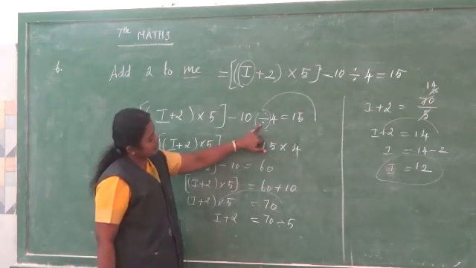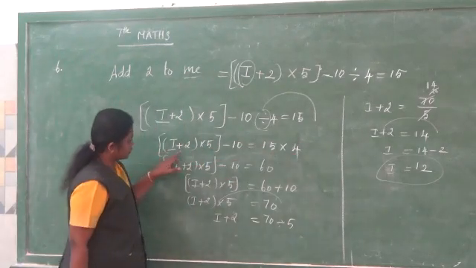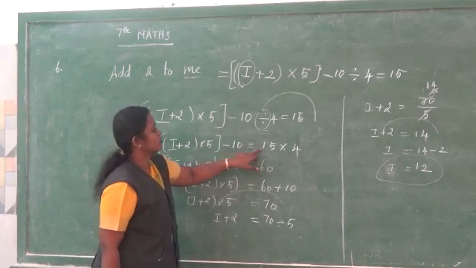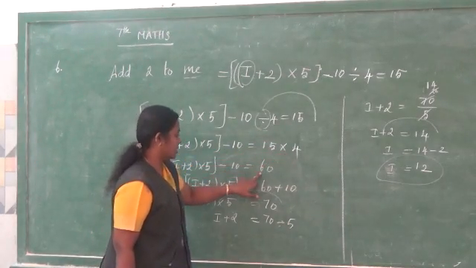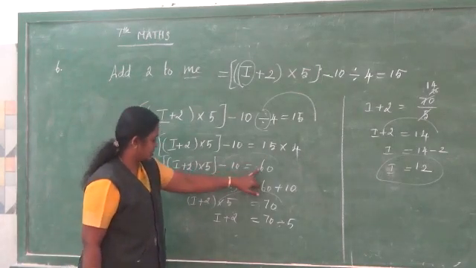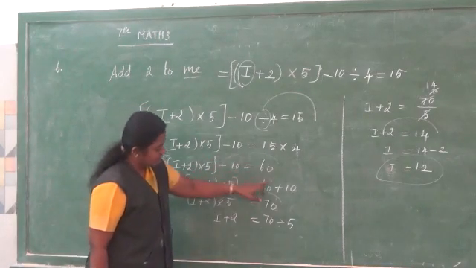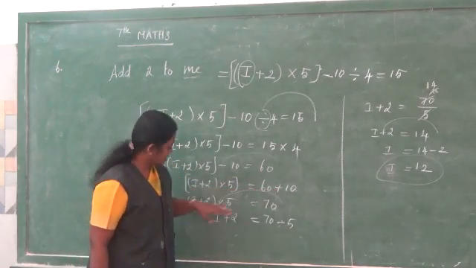That division, it goes on that side, will be multiplication. So I plus 2 into 5 minus 10 equal to 15 into 4. 15 multiplied with 4, you will get 60.